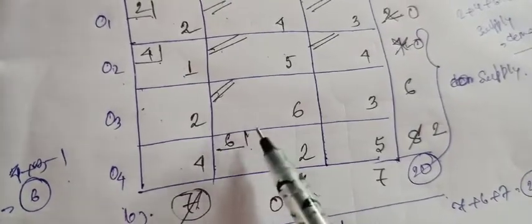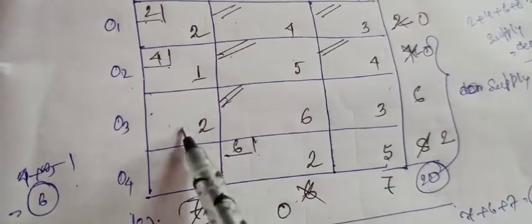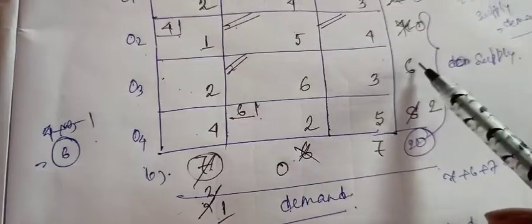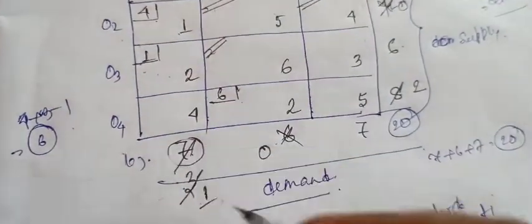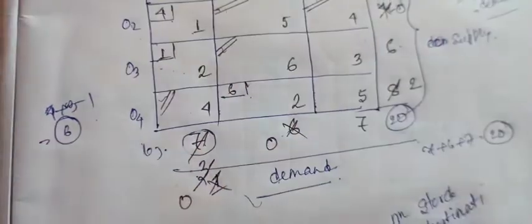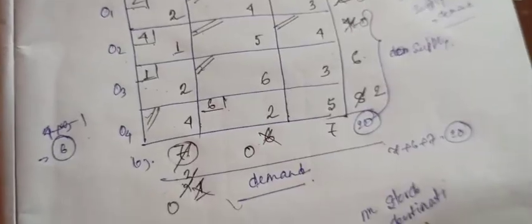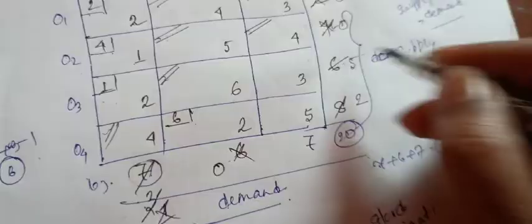Again, which one is minimum among 2, 3, 4, 5? 2. The demand here is 1 and the supply is 6, so we assign this 1. Now the demand becomes 0 and the column is exhausted, and the 6 is converted to 5.